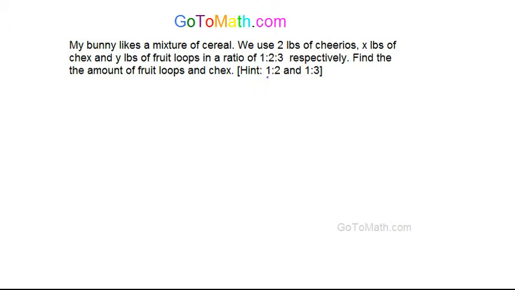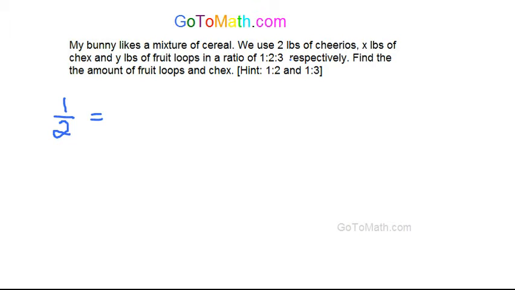Anyway, we had a hint going on here: 1 to 2 and 1 to 3. Basically, all this is, now this is extremely useful. I use this in a lot of situations, what we're about to do here. But we can rewrite this 1 to 2 ratio right here as 1 over 2 is equal to, okay, and what do we got?